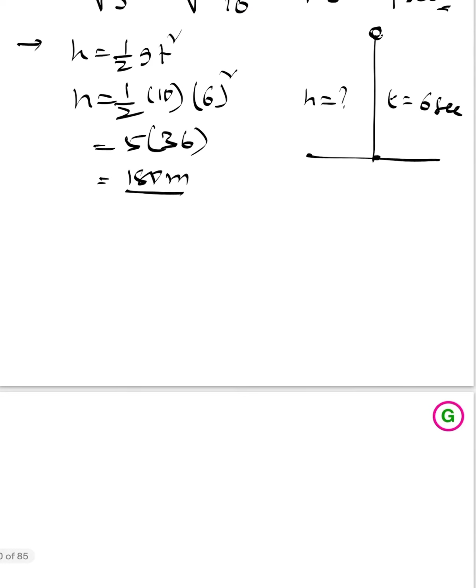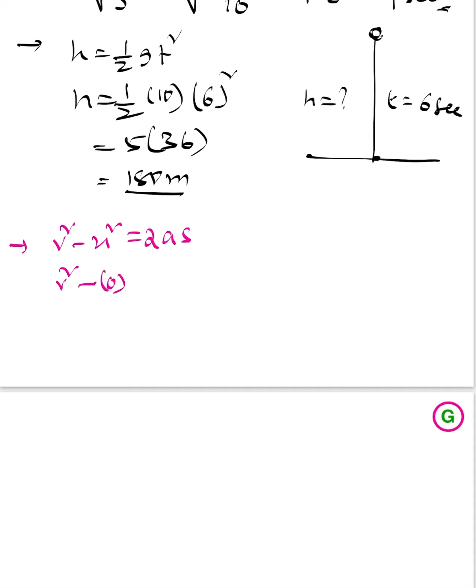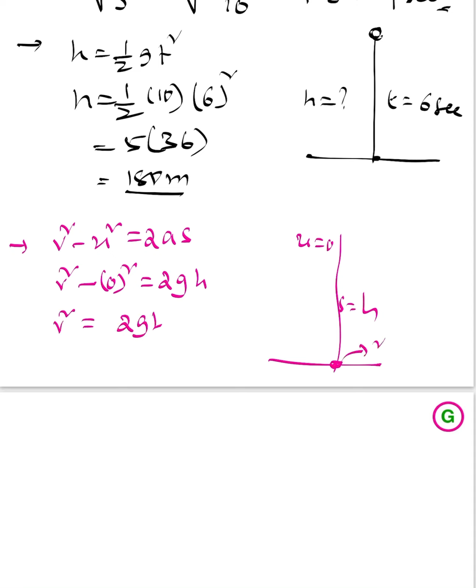Next, the third equation of motion: v square minus u square equal to 2as. So v square minus the initial velocity 0 square equals 2g into s, which is h. So this is the height h, s equal to h, u is 0, and the final velocity is v. Then v square equal to 2gh, v equal to root over 2gh. For the same body dropped from 80 meters, what is the velocity?